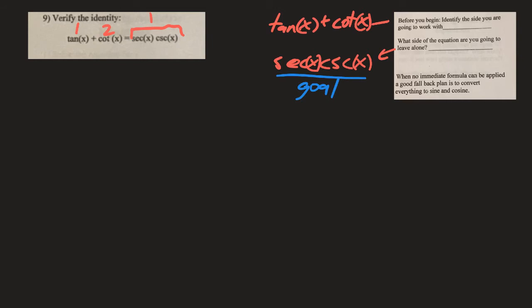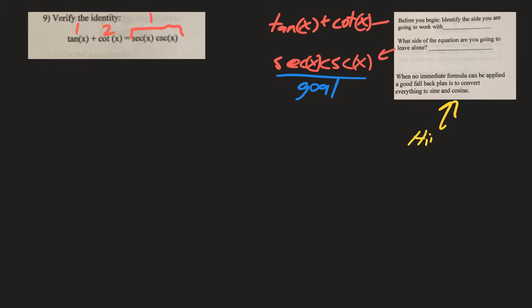Now, my first thought is, can I turn tangent or cotangent into secant or cosecant? And nothing's really clicking to me right now, especially because they're not squared, so I can't use the Pythagorean identity. But thankfully, they gave us a nice hint over here.